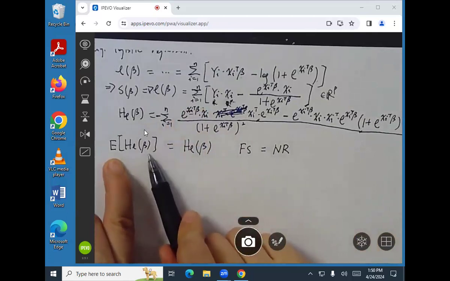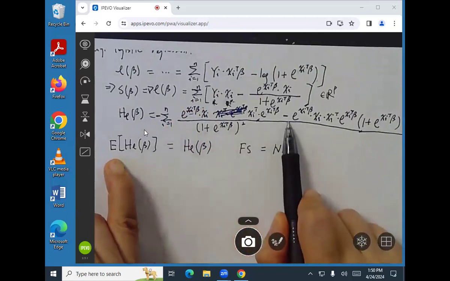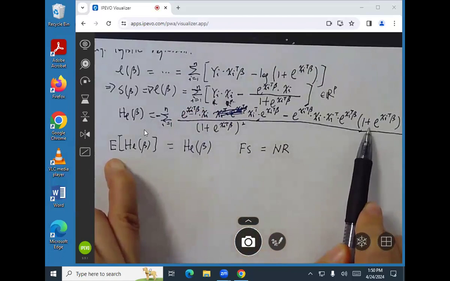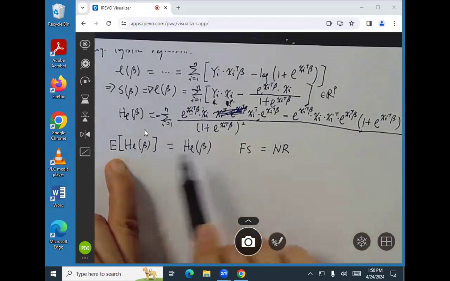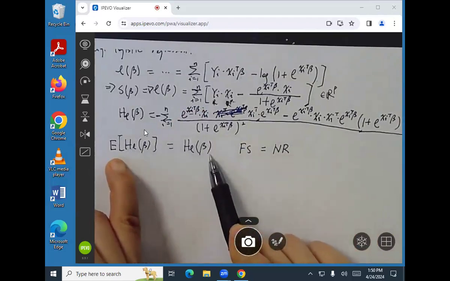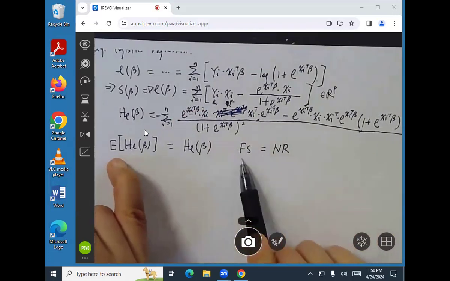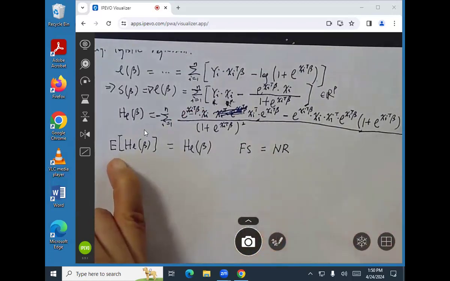But the good thing here is you don't need to do anything for this expectation. The reason is if you check this Hessian, your y1 to yn are gone. So it only involves xi and beta. So it's not random anymore. So the Hessian is just its expectation. And in this case, Fisher scoring is just equal to Newton-Raphson because the expectation doesn't do anything.